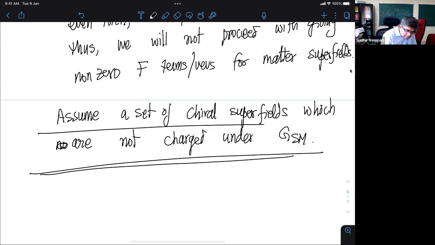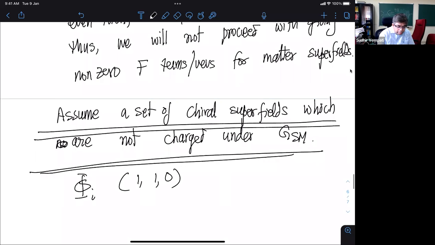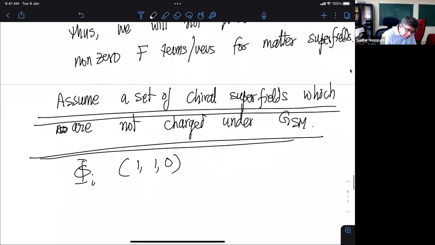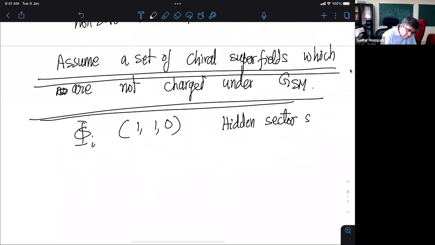So these are all singlets under the gauge group of the standard model. Let me assume a bunch of phi_i with representations (1, 1, 0). I call these hidden sector superfields.